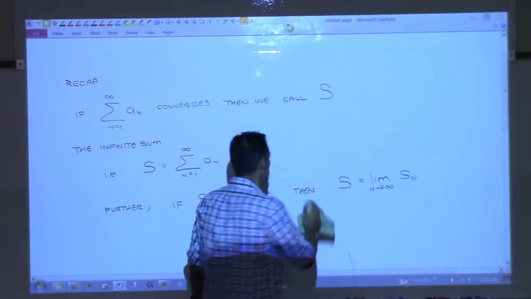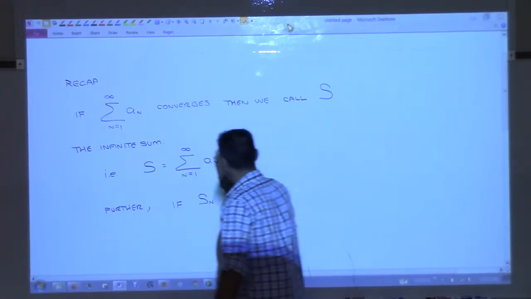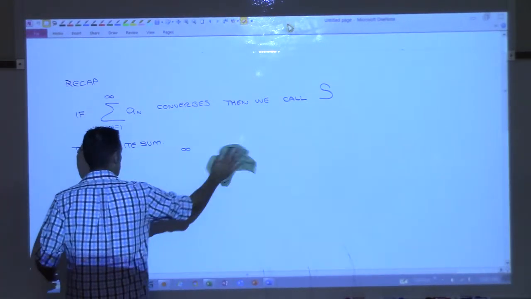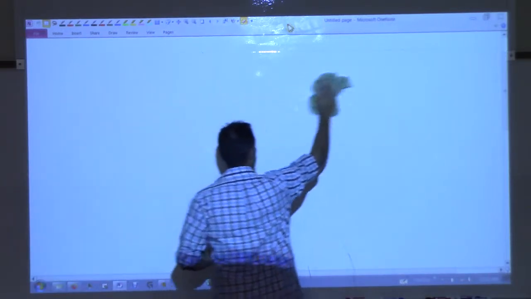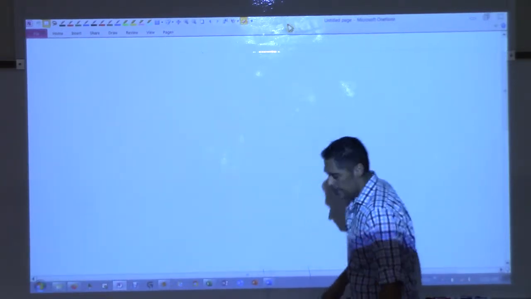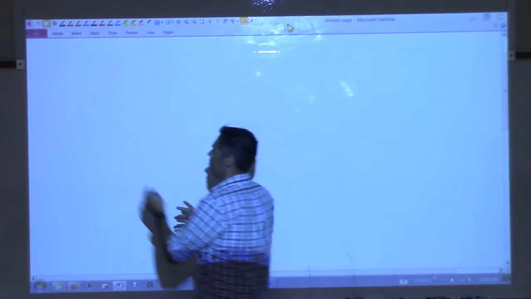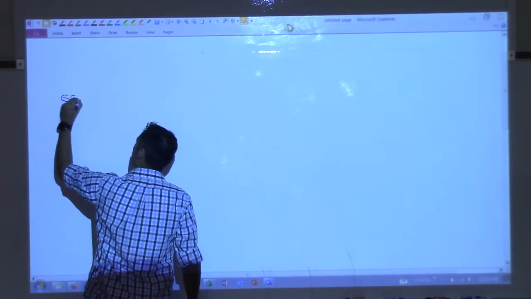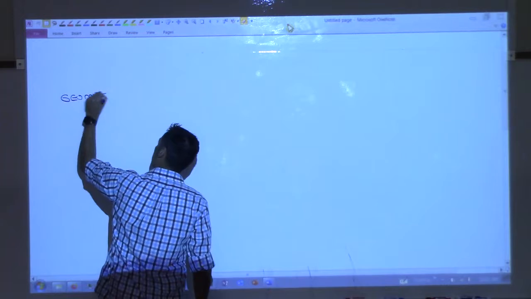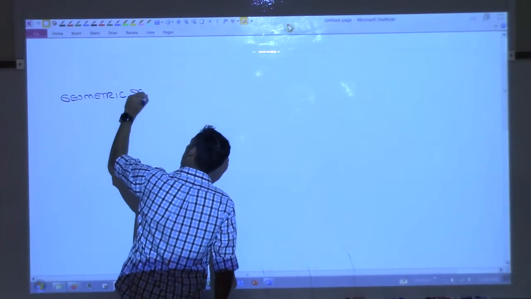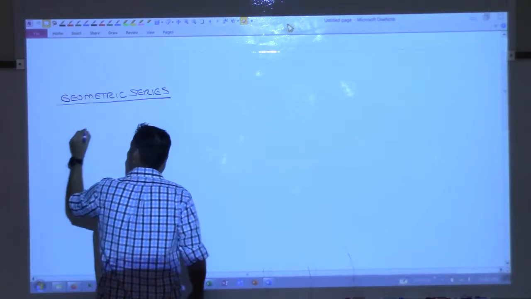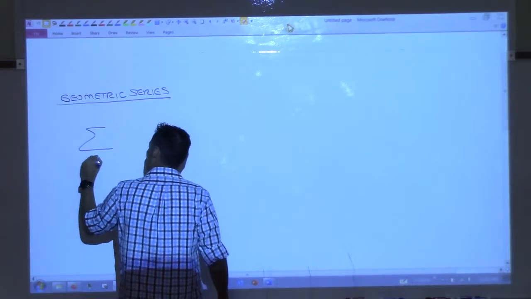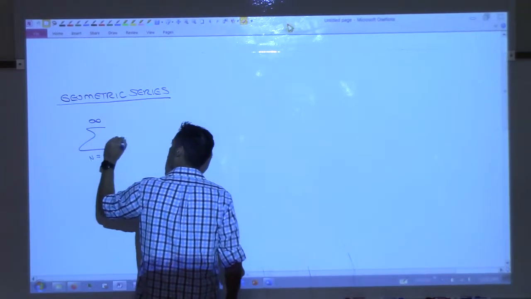Okay, now we finished up with geometric series. I should say we are not done with them, but we talked about geometric series, and we have basically one major result. When we have a geometric series, which was one of the common series, we'd be looking at a series that looks like this.